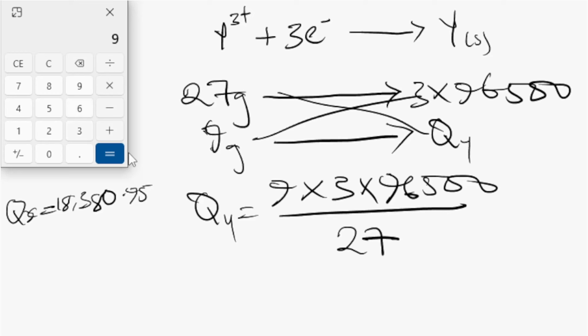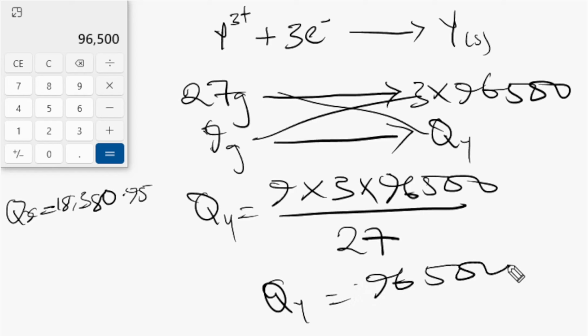So we're going to have 9 times 3 times 96,500. So we'll divide this by 27, and then this will give us Q for Y to be 96,500.